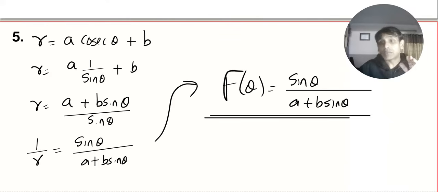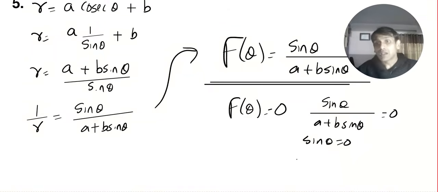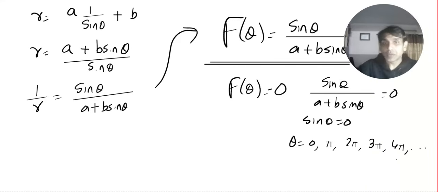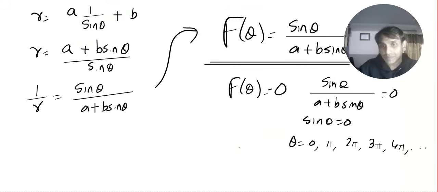Step number 1 complete. What is step number 2? Equate it to 0, and that means sin θ by a plus b sin θ equal to 0. Cross multiply, so sin θ equal to 0. When will sin θ become 0? 0 degree, 180 degree, 2π. So we get an infinite number of values. I hope you understood what I told you in the last problem.